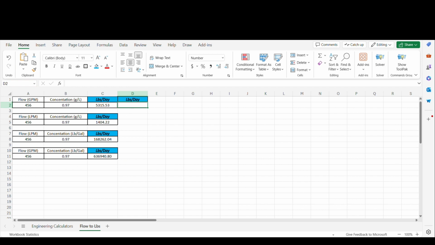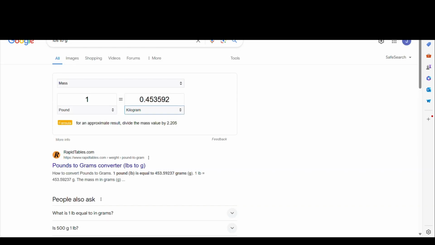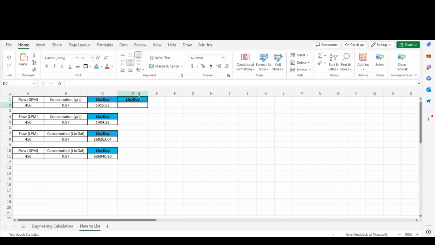So for every 1 pound, you have 0.453592 kilograms. So this would equal this number multiplied by that number.